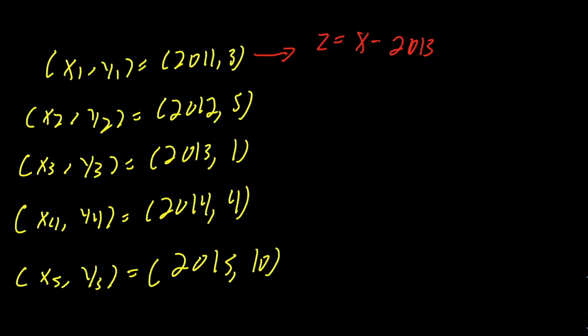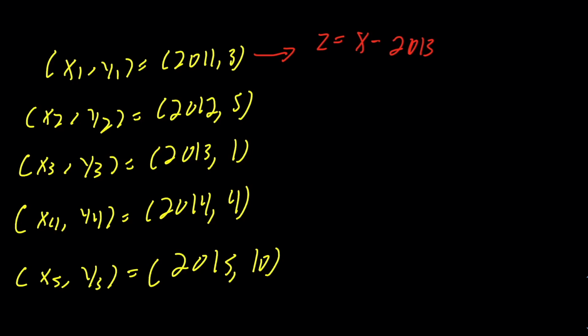We can do that by having z equal to x minus 2013, which is the smallest x value in this table of points. So let's replace x with z and let's see what will happen.